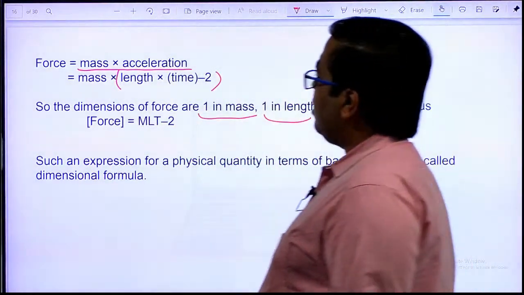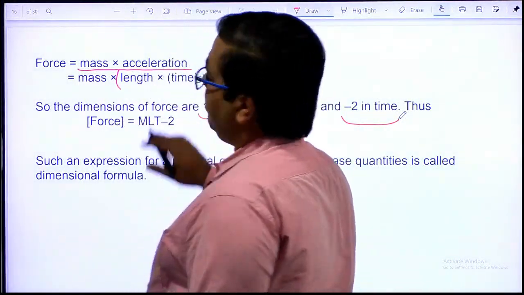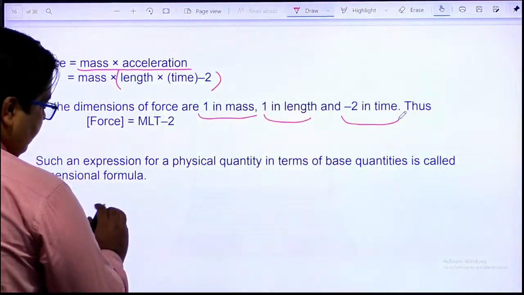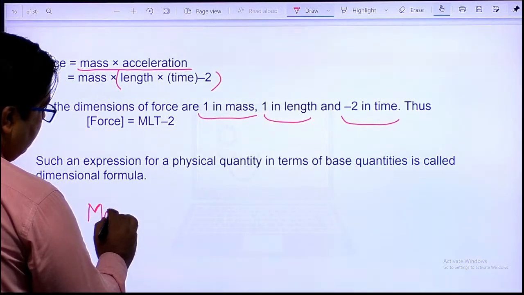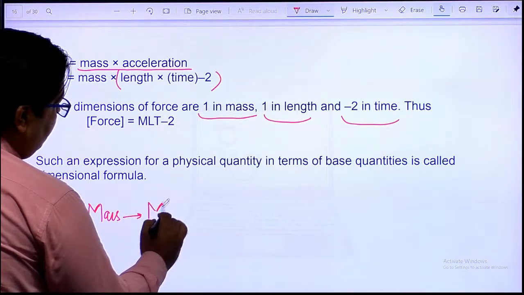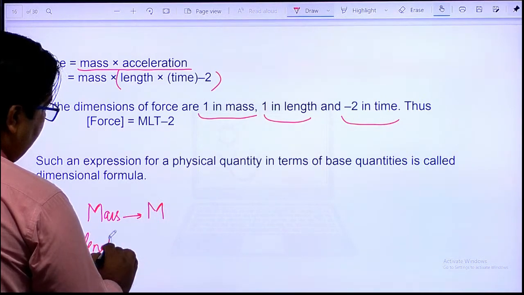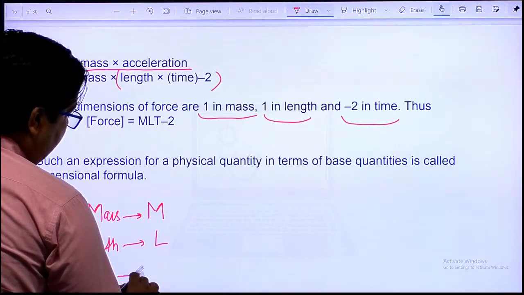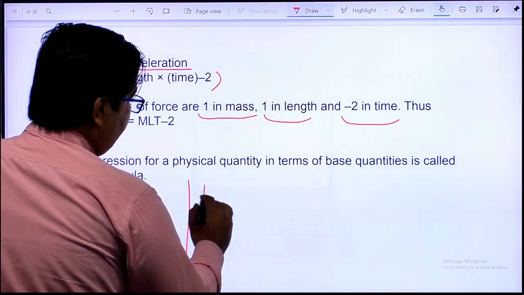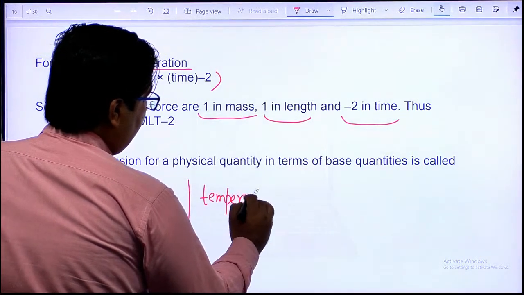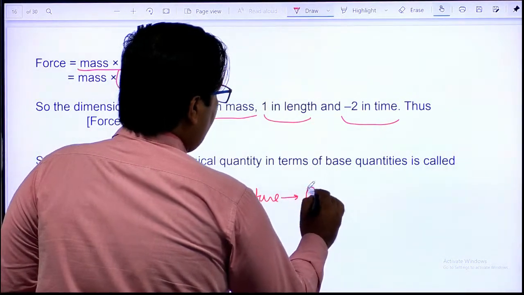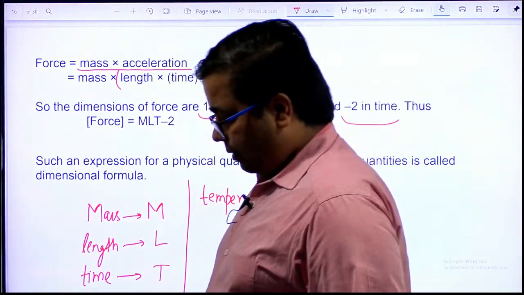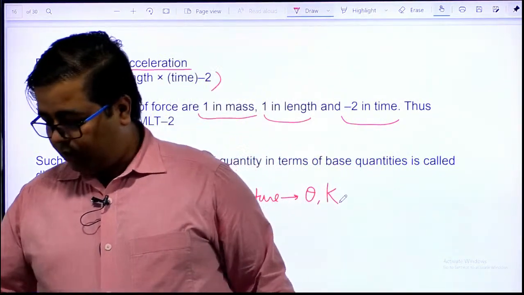Actually, we write every fundamental quantity in short form, because if all the time you write mass, length and time, it takes time. So we write mass as capital M, length as capital L, time as capital T, temperature as theta, or sometimes we use capital K, that is Kelvin.